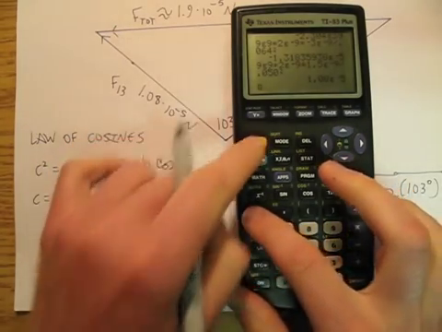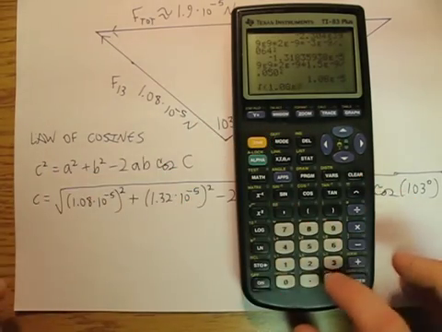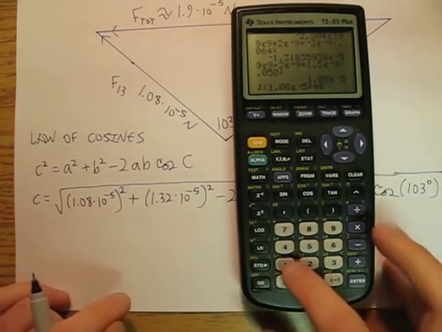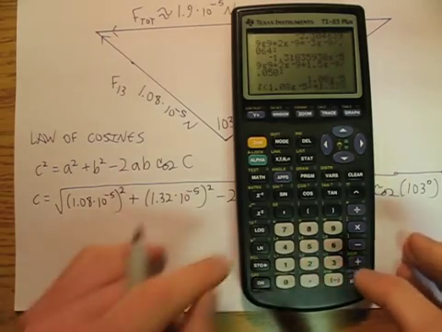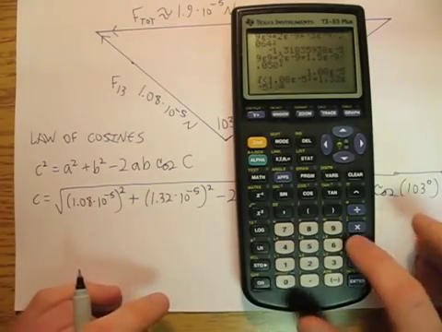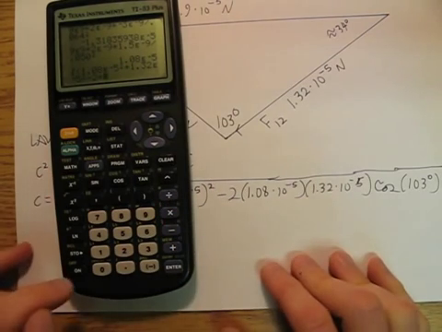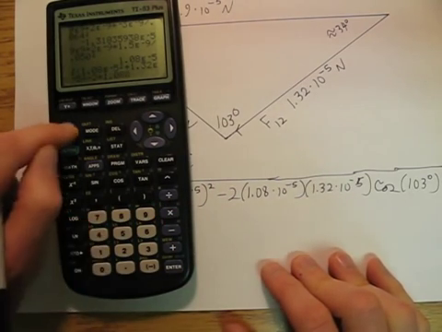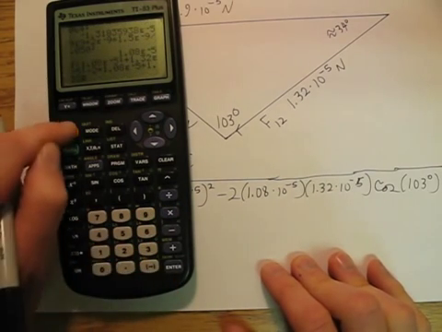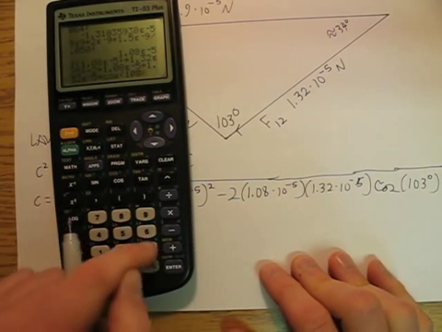I'm going to go square root 1.08 second EE negative 5, square that, plus 1.32 second EE negative 5, square that, minus 2 times 1.08 second EE negative 5 times 1.32 second EE negative 5 times cosine 103.